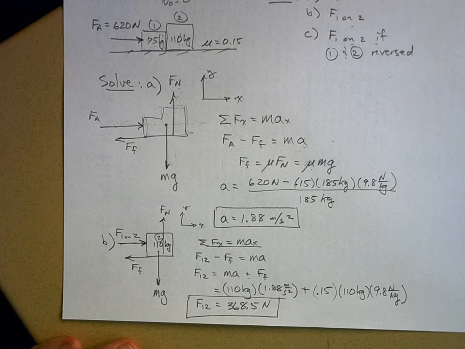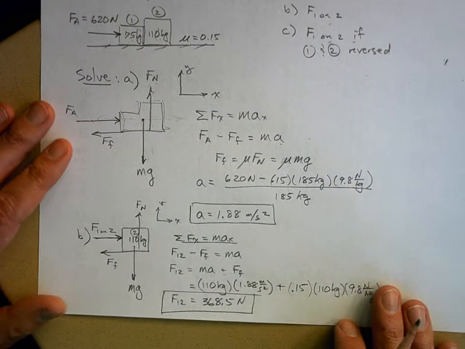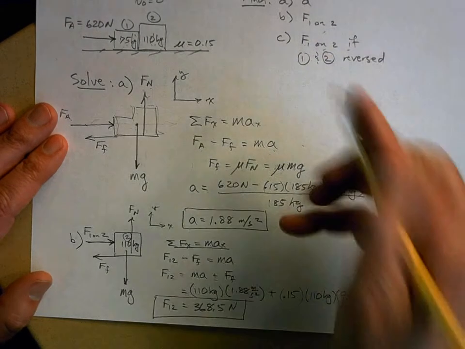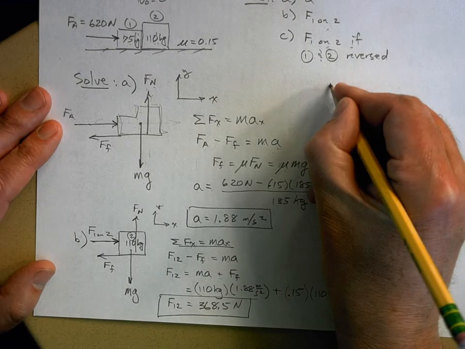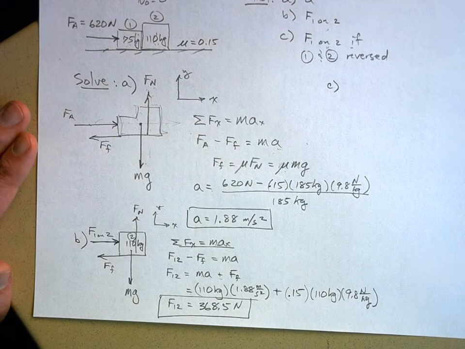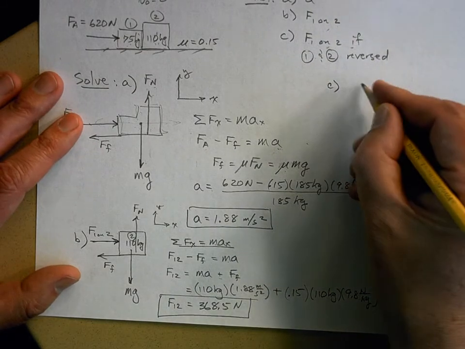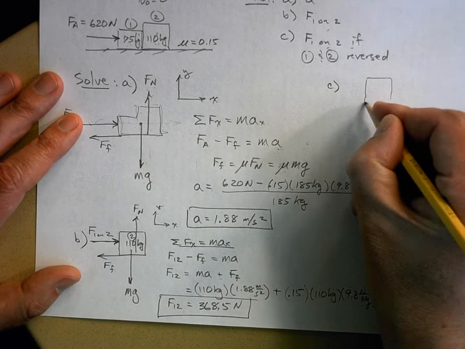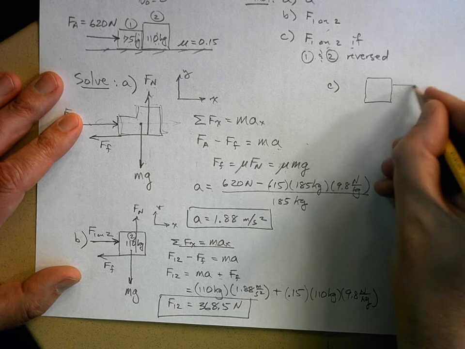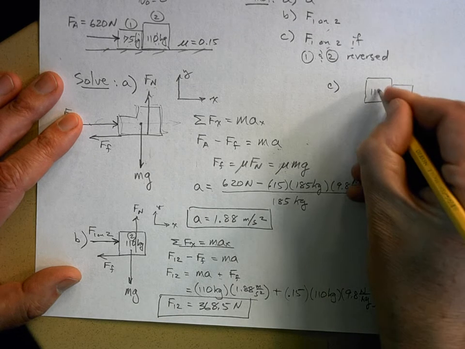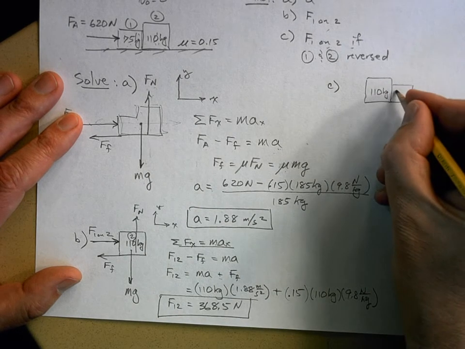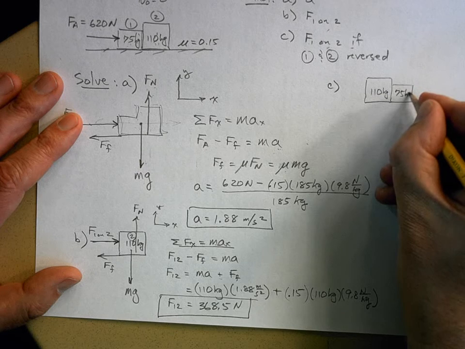Okay. Now for part C, and I'll just kind of squeeze part C in over here. They want to reverse 1 and 2. So I'm going to redraw this. This is 110 kilograms. Now this is 75 kilograms.